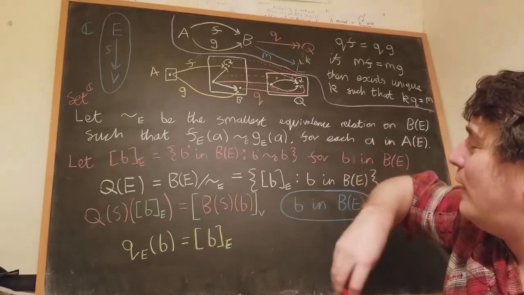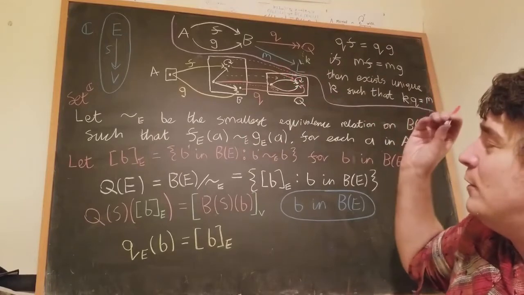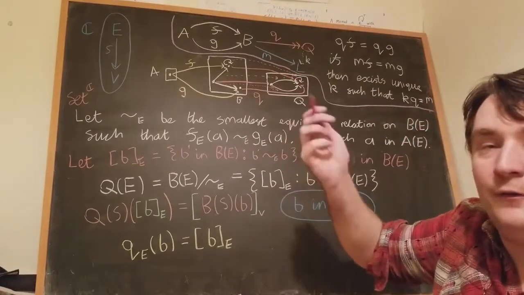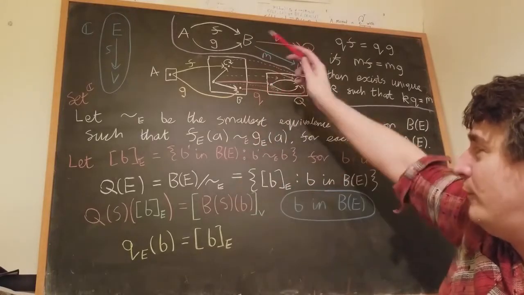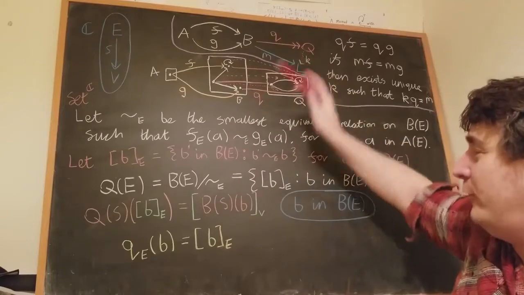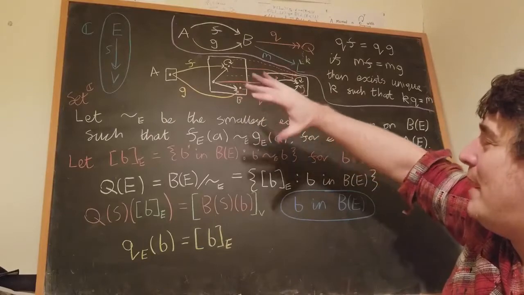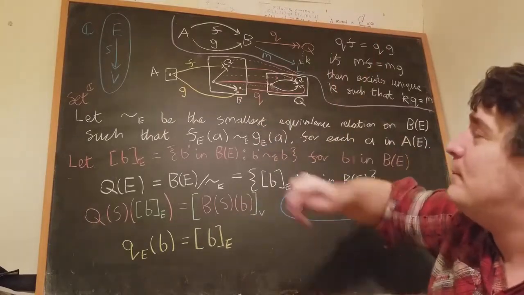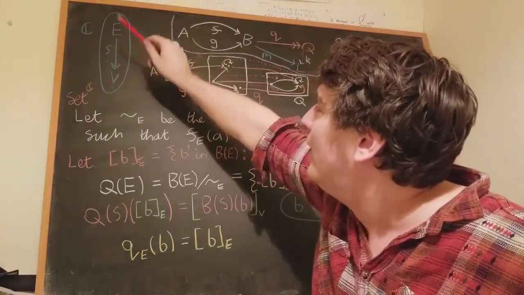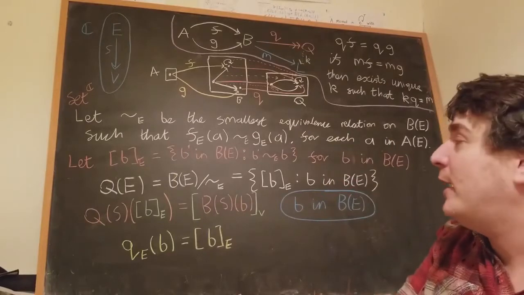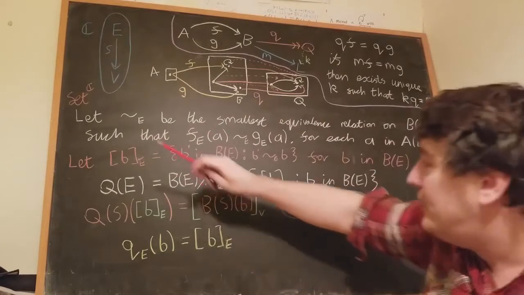If this is confusing to you, you can start by Googling co-equalizer in the category of sets, and once you've seen that, you'll notice that pretty much the same thing is going on here, except we have multiple components potentially, because this category C might have multiple objects and also these actions, these arrows that get lifted into functions.